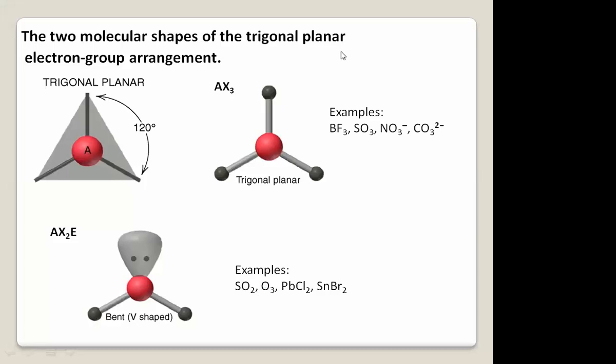When we want to write ozone, it is incorrect to write ozone like this. It is incorrect to write ozone like this. This is incorrect. If you want to write ozone, you write ozone like this, because ozone is a V-shaped molecule.